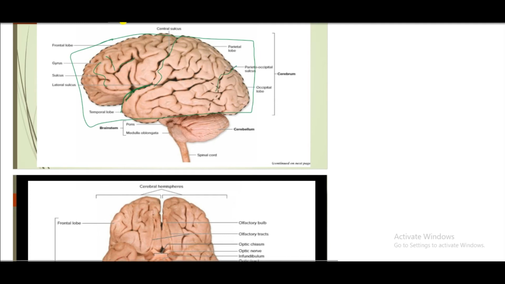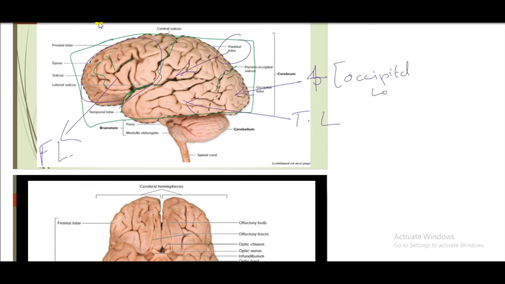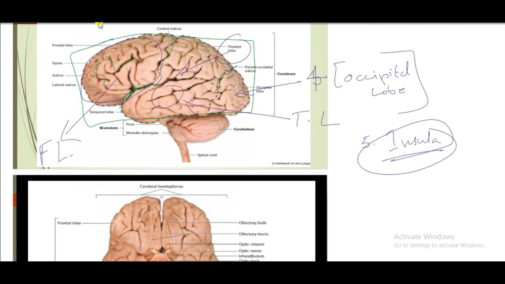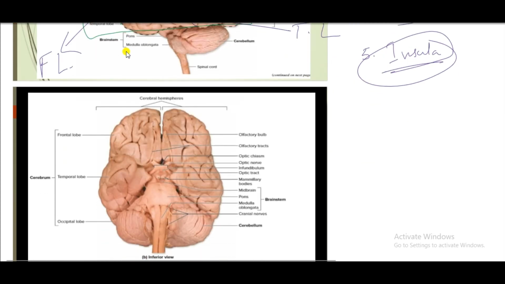And in the cerebrum we have 5 lobes, namely the frontal lobe, the parietal lobe here, the temporal lobe, the occipital lobe, and inside you can see a 5th lobe, that is insula. If you take out this portion you can see the insula.